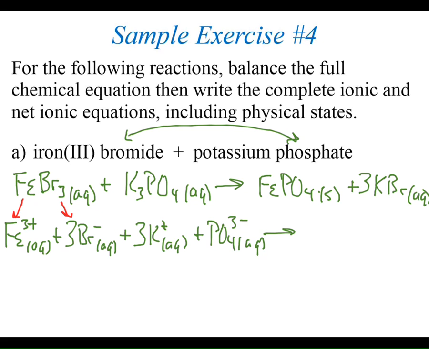Okay. What do I do with FePO4 solid? What'd you say? Nothing, right? Yeah, it's a solid. So solids you don't do anything with. So just write it again. FePO4 solid. Okay. Oh, I have another aqueous. I have 3 potassium bromides that are aqueous. So what ions will 3 potassium bromides turn into?